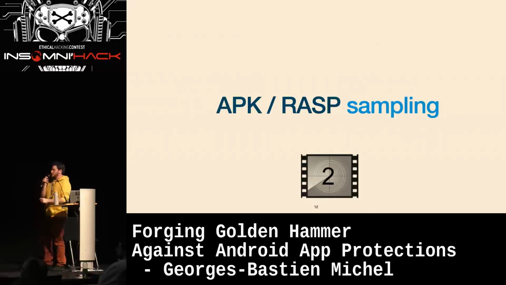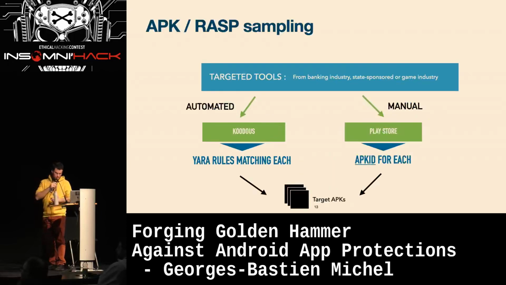Okay, so now I will talk about how we sampled some target applications and the RASP. We select industrial grade and certified RASP, such as you can find on EMVCo certified protection tools.